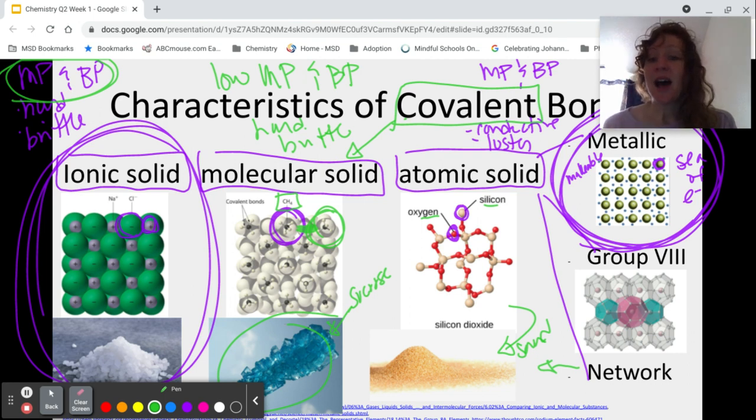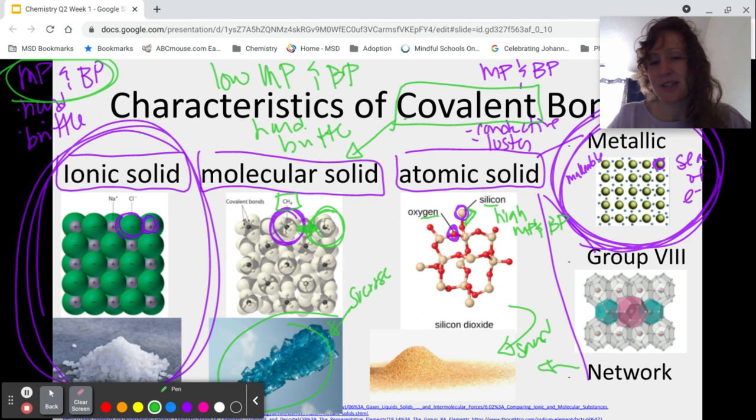An atomic solid, on the other hand, the attraction between the atoms at each point in its lattice, that is a covalent bond. And so these are going to have very, very strong attractive forces between them. So it's going to lead to high melting point and boiling point.